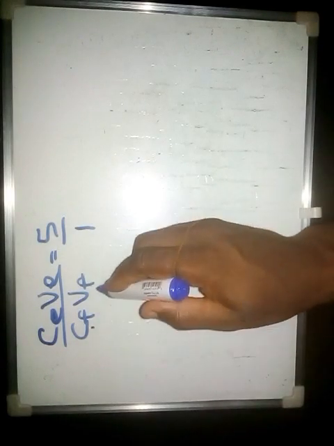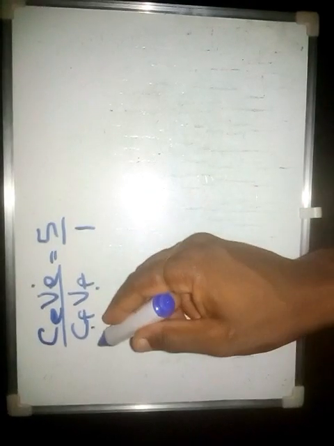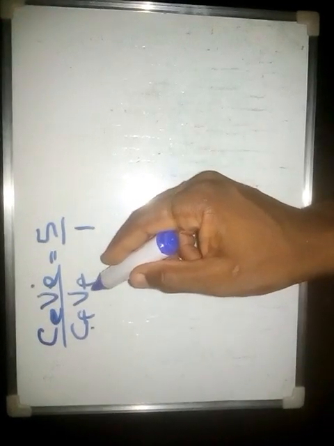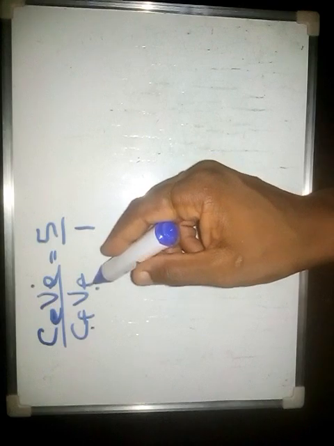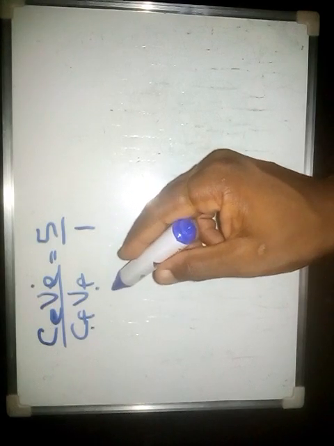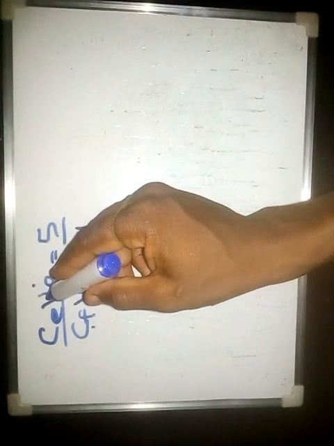We're given these two. We know this one from your question is 0.0200. This is 22.50. This is 25 cm cube.